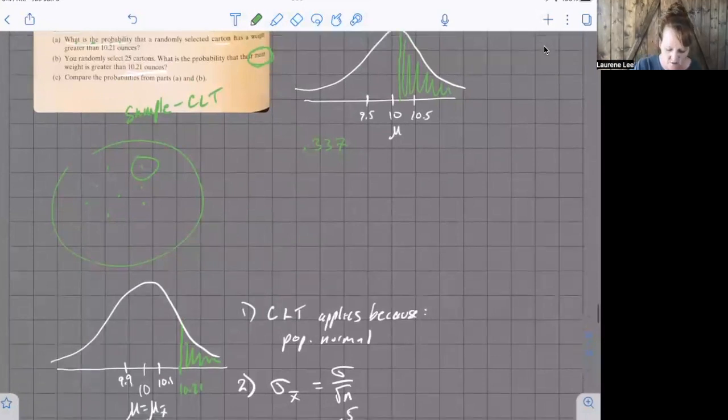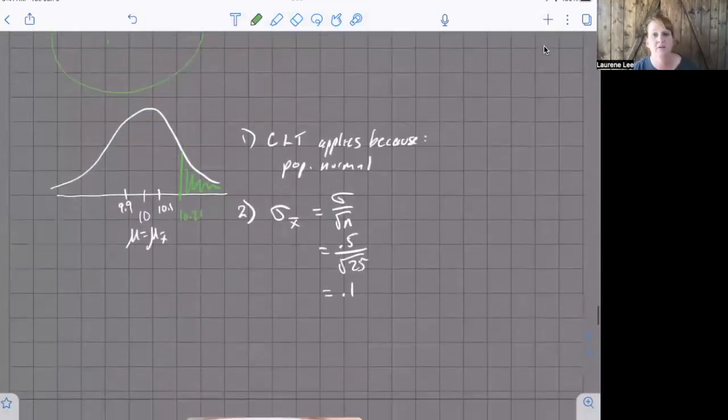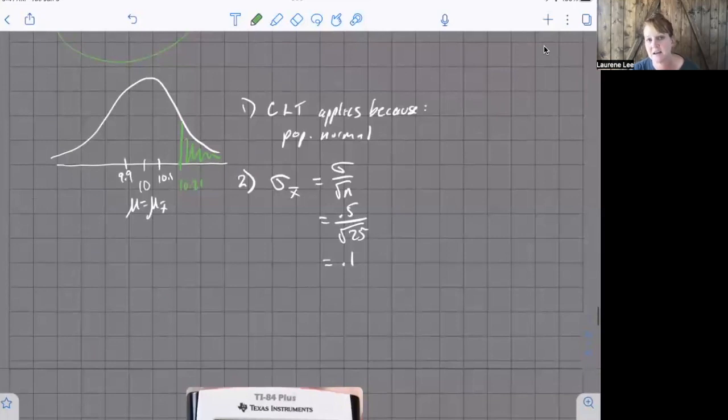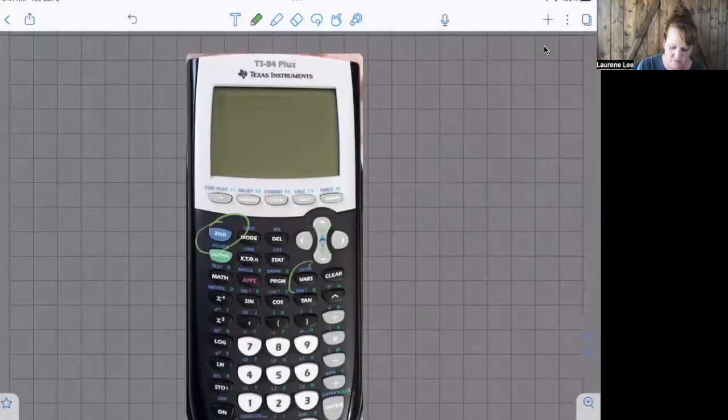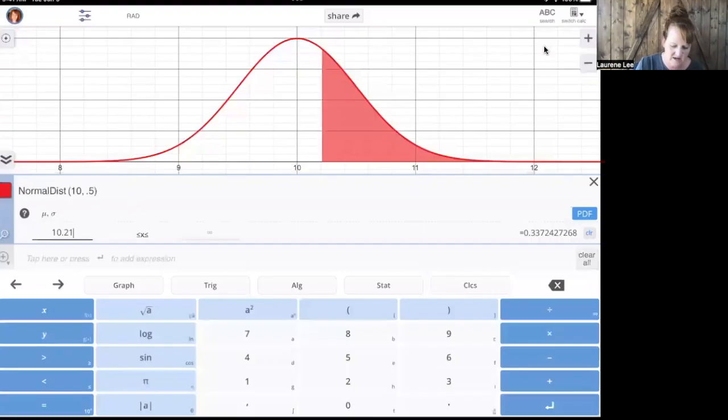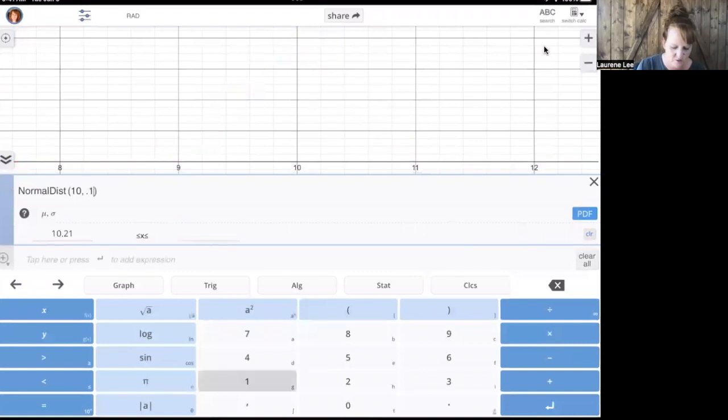Okay, so the calculator part of this is exactly the same as what you were doing. On a TI, you're going to do second and then distribution. You're going to do that inverse norm option, and you're going to enter your lower and upper bounds. On ClassCalc, we're going over here, and instead of 0.5 for my standard deviation, I'm using 0.1.